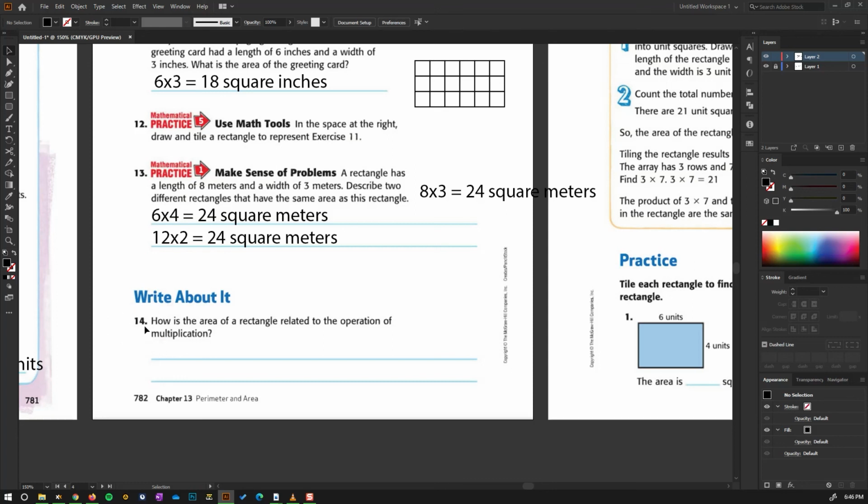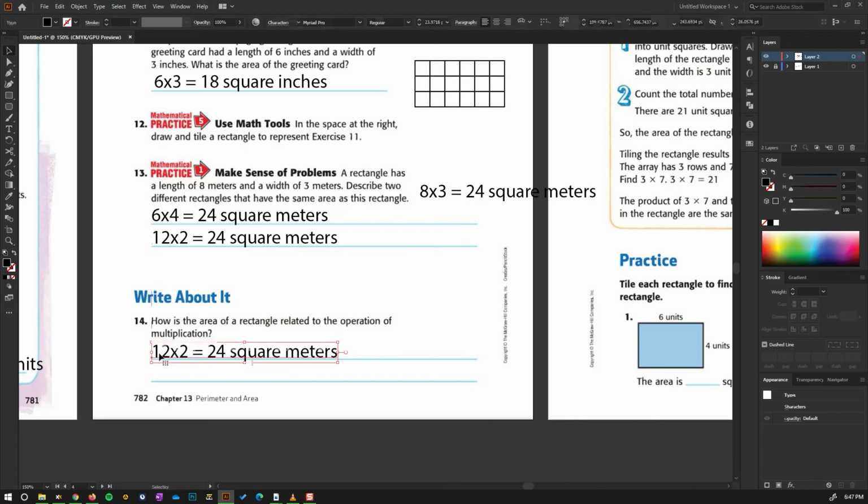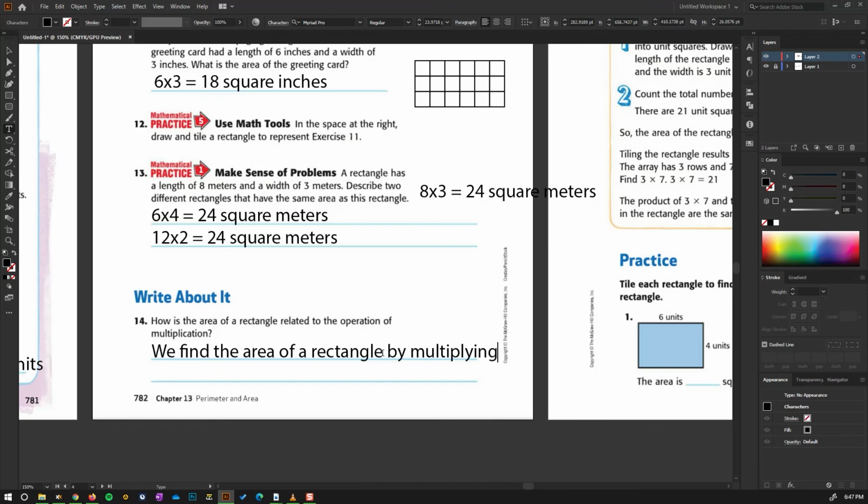Alright, and number 14, write about it. How is the area of the rectangle related to the operation of multiplication? Well, quite simply, the area of a rectangle, well, I guess we find the area of a rectangle by multiplying its length and width.